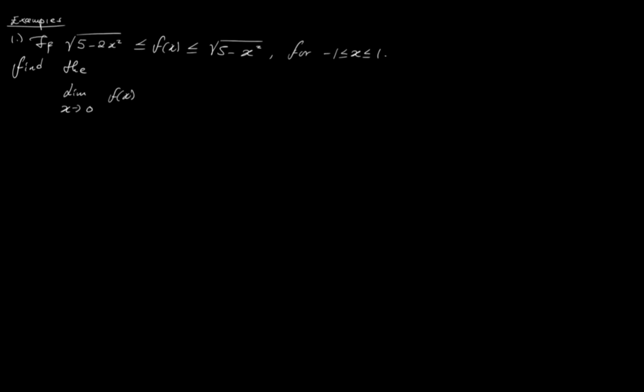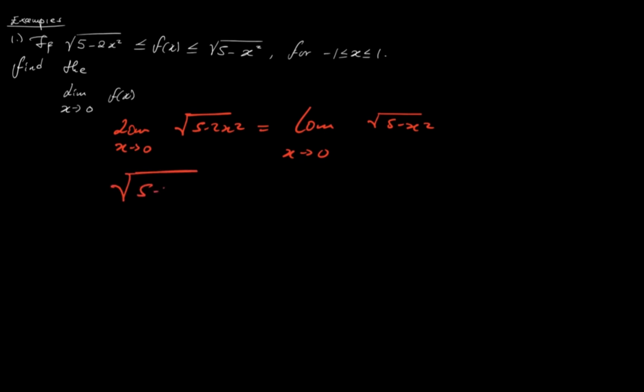So what we're going to do is quite simple. Remember, if the limit as x approaches 0 of the first function, which is radical 5 minus 2x squared, is equivalent to the limit as x approaches 0 of the last function, which is radical 5 minus x squared, then the limit of the middle function will be the same. So if we try and find the limit of the one on the left hand side by plugging in, we'll have the root of 5 minus 2 times 0 squared, being equal to the root of 5 minus 0 squared.